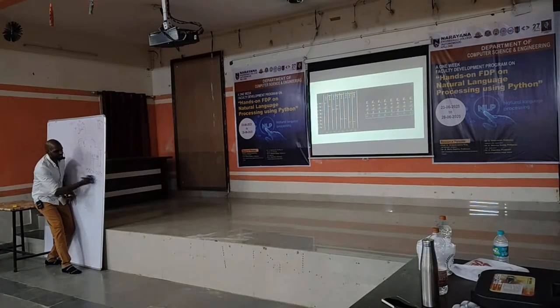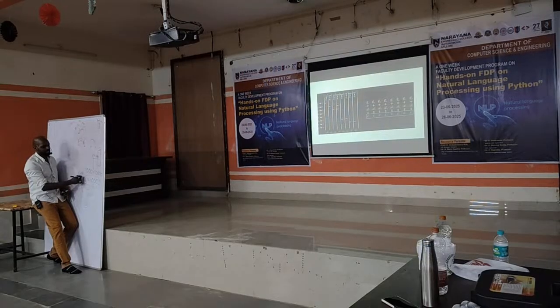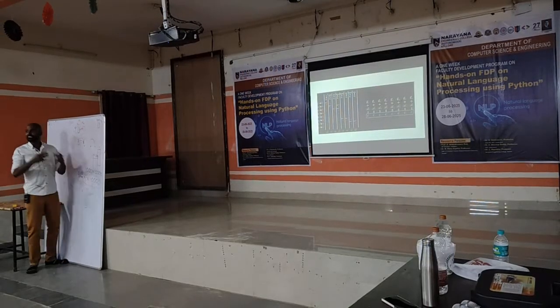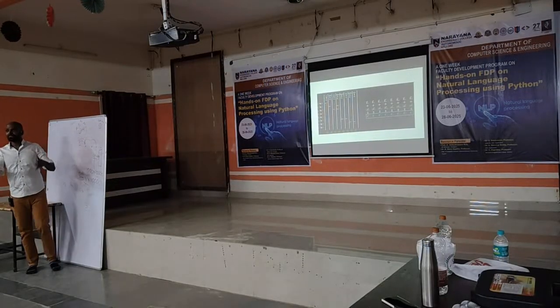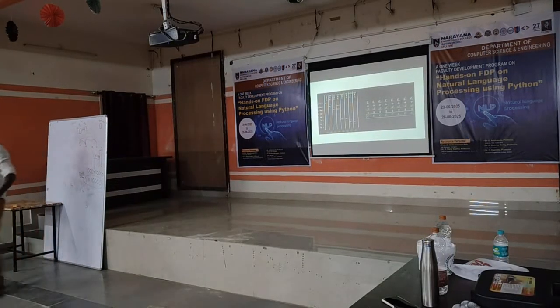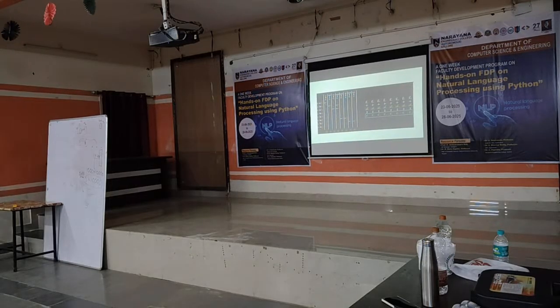This is passed to the softmax. Softmax gives the probability distribution of the 10,000 words. And I pick up the word that maximizes the probability. Now, once I generate this next word, what do I do?